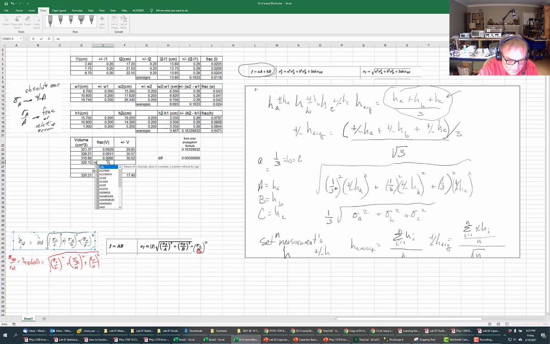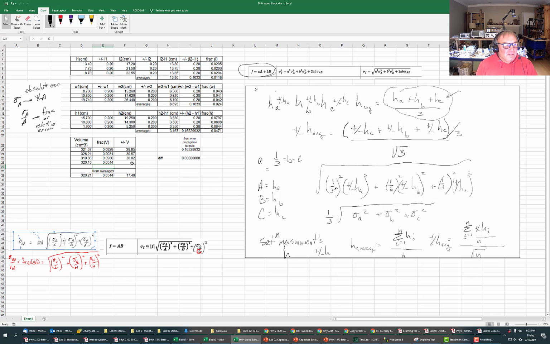Equals average of those. Now in this case, this is the fractional error, so I'm embarrassed to admit that I don't remember if it's valid to do this here.